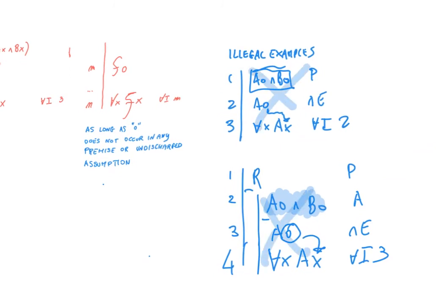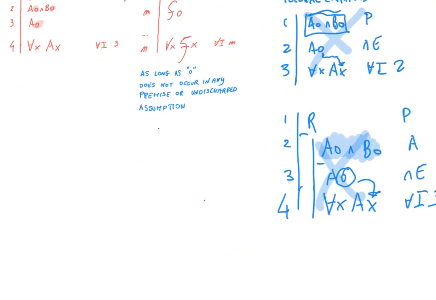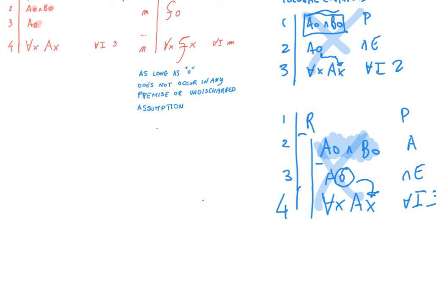Let's do one example of an application that is legal but might make you worried that maybe it's not legal. So suppose I want to prove for all x, if A of x and B of x, then A of x. This is a valid formula.